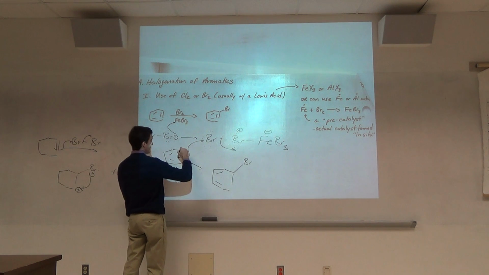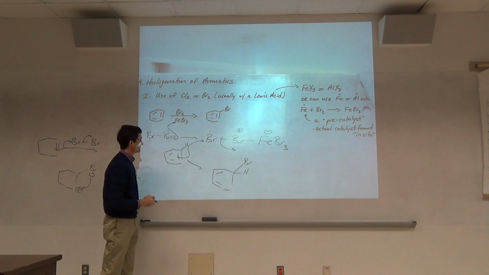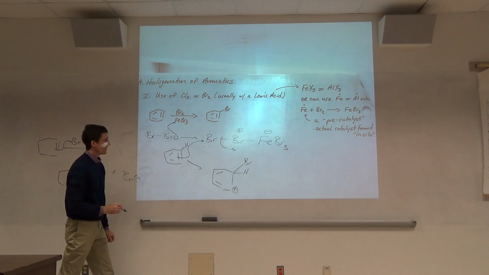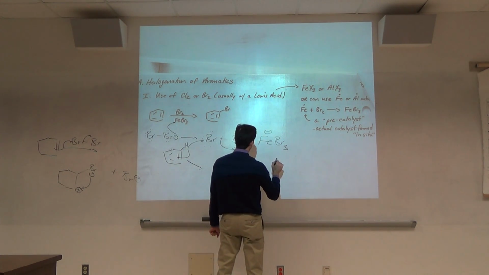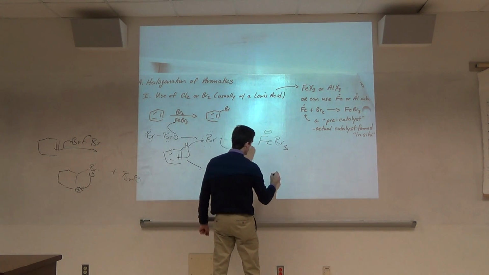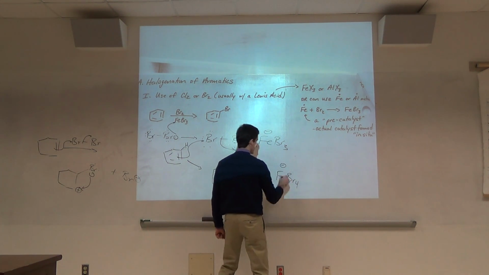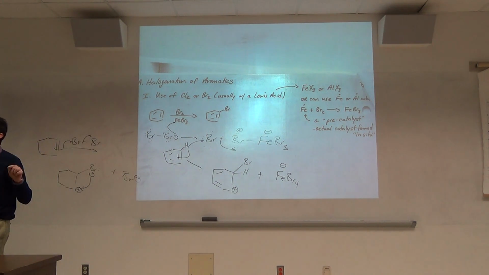Okay, there is an H here. I'm going to draw it in. And this is a carbocation, plus what? I could draw this out with the bond, or I could just draw it as FeBr4 minus. But all four of those bromines are covalently bound to the iron. It's a minus.